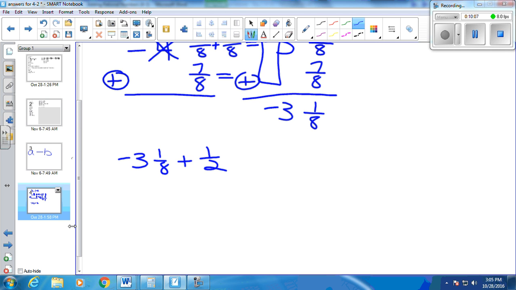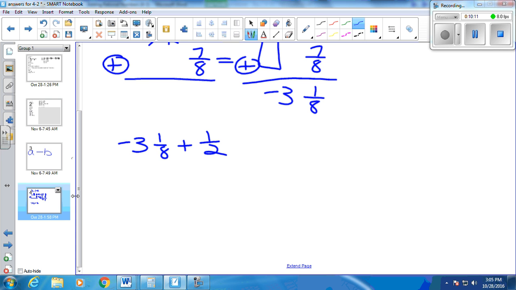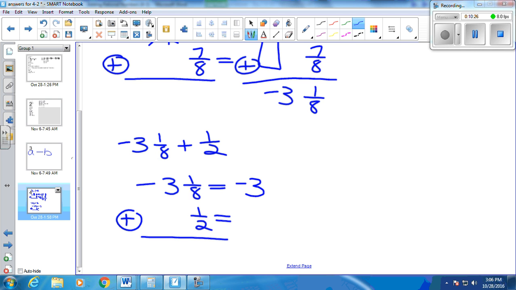So if I have negative 3 1/8 and I add 1/2, again I'm going to set this up where I'm putting the number with the larger absolute value first. So I'll have the negative 3 1/8 plus 1/2. I do not have common denominators, so I will need to get a common denominator. Negative 3 1/8, 8 will be my common denominator.